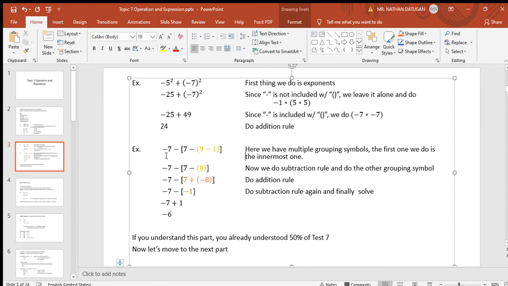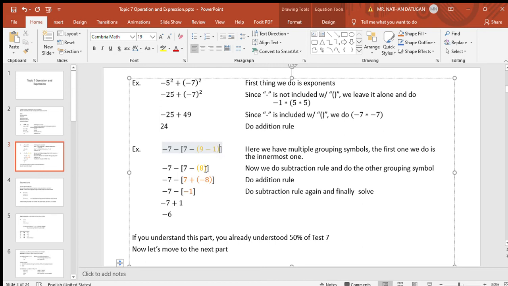That's basically how you say it in English. But if you're confused on what I just said, it's basically this. I highlighted what to do first, which is within the parentheses. So we want to do 9 minus 1. There's no fancy thing. It should give you guys 8.